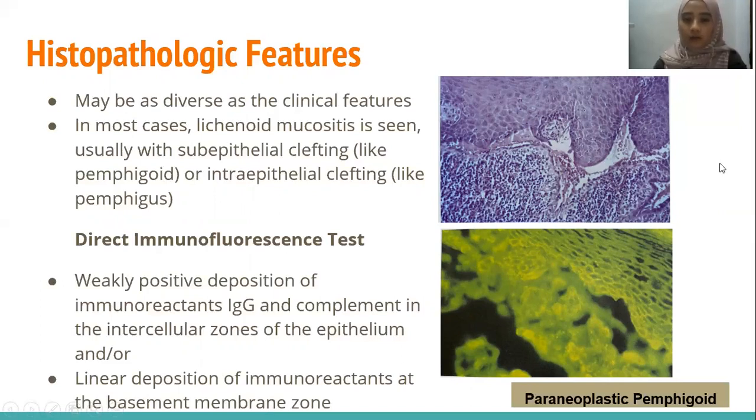For direct immunofluorescence tests, there will be weakly positive deposition of immunoreactants IgG and complement in the intercellular zones of epithelium, or a linear deposition of immunoreactants at the basement membrane zone.